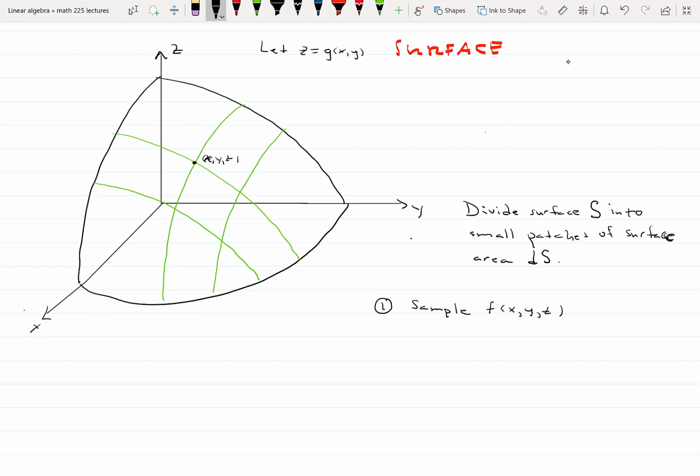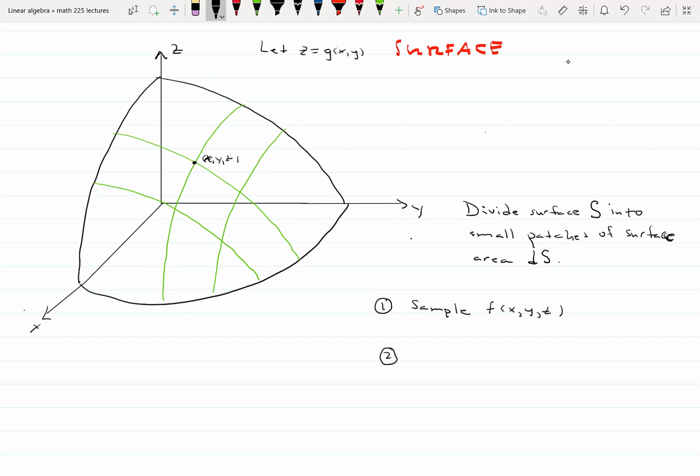So just to slow down a little bit, we have a surface z equals g of x, y, and we have some other function. We don't have to give units to that function. We'll get some physical idea of what's going on with this in a bit. This function is of three variables, f of x, y, and z, and we sample the function at some point in or on that little patch of surface area dS.